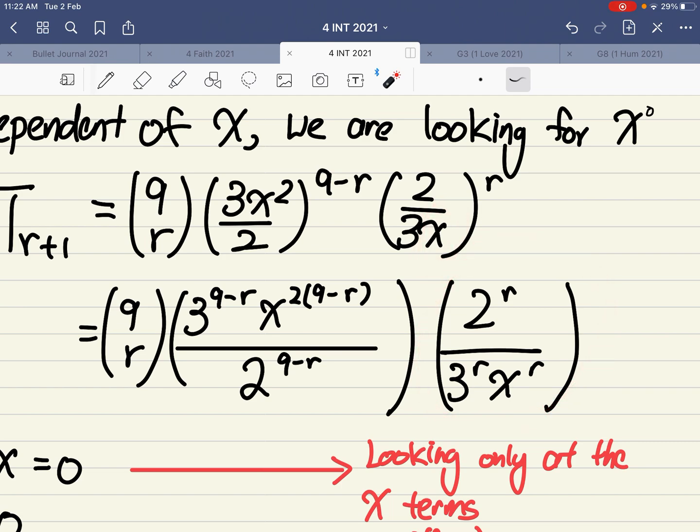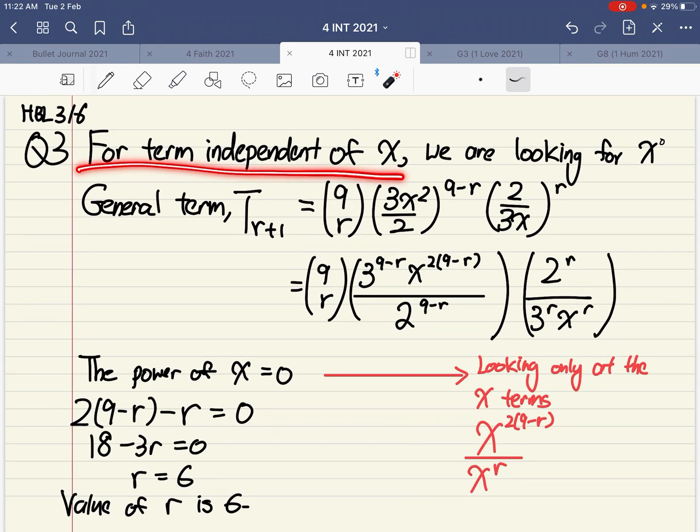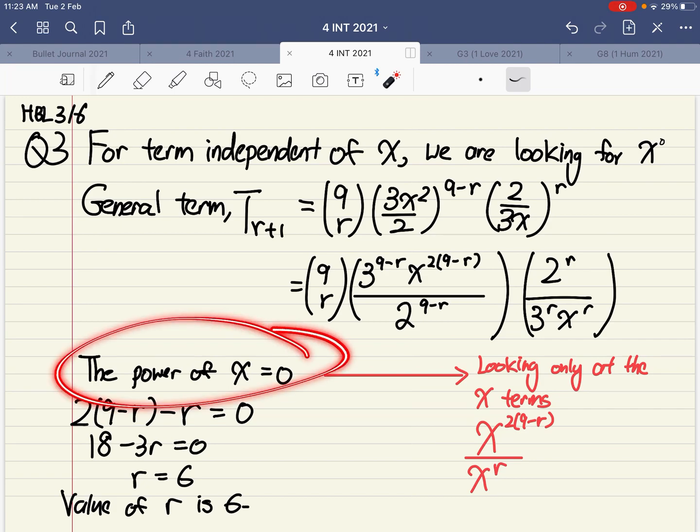So now, if I'm looking for the term that is independent of x, essentially what we are looking for is x to the power of 0. x to the power of 0 is 1. So I'm looking for the power of x equal to 0. This question is a bit different because I am just looking at the x terms, alright?